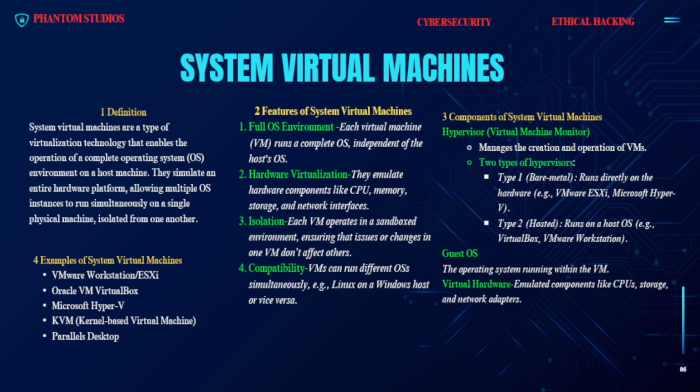And remember, the main manager of this virtual hardware is called the virtual machine monitor. So now you know that the virtual machine monitor, or hypervisor, is the boss and is the middleman between your virtual machine and your physical computer.